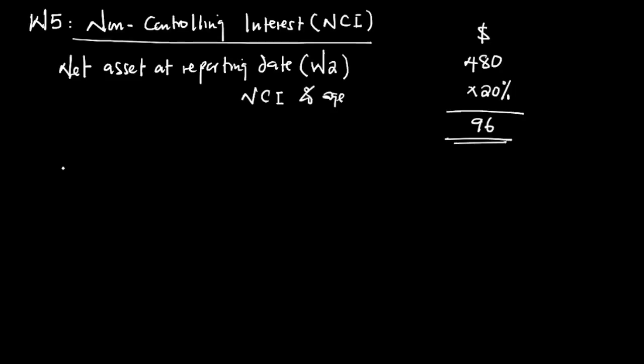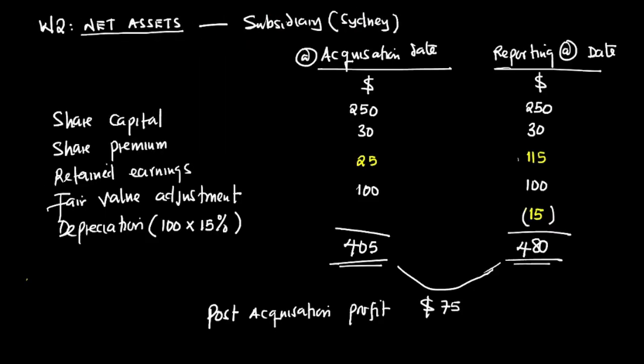Working 5. So what we do here is the non-controlling interest. Remember I said these are shareholders, except these are the minority. So from the net asset that you have, we've quoted the working. Let's just go back to our working 2 to see something. Yes, working 2, the 480 at reporting date.